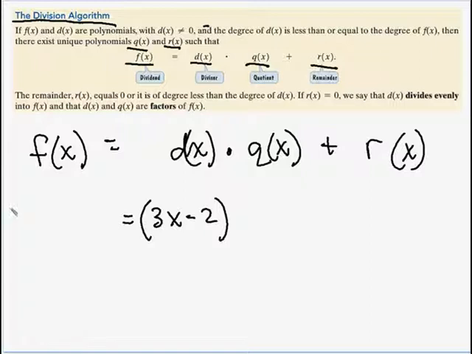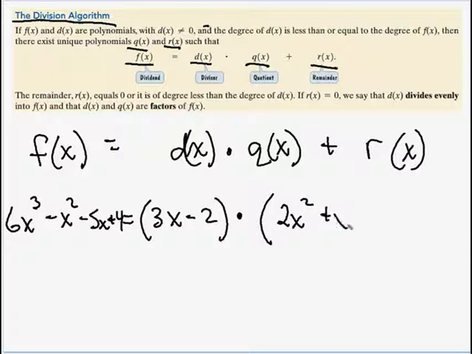We had to rearrange in descending order. 6x cubed minus x squared minus 5x, and I'll squeeze in that plus 4 real small. This divided by this, we had that our quotient that we found there was 2x squared plus x minus 1, and then plus our remainder there was 2.